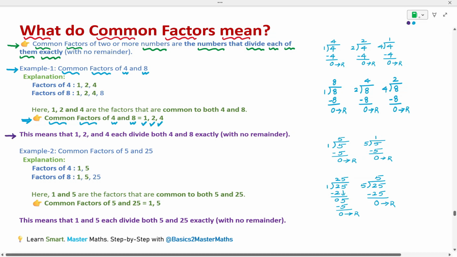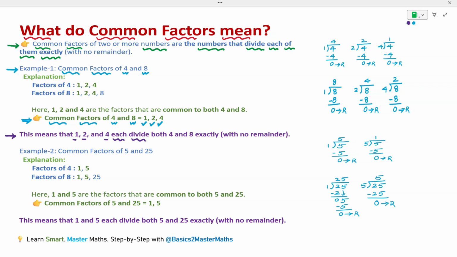This means that 1, 2 and 4 each divide both 4 and 8 exactly. You can check the exact division shown here.